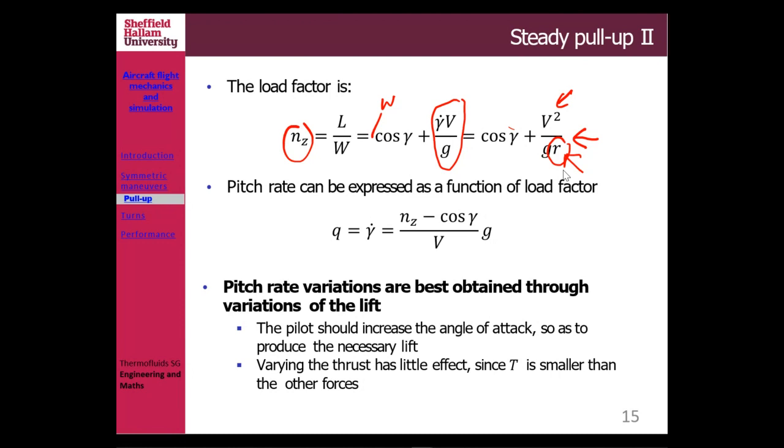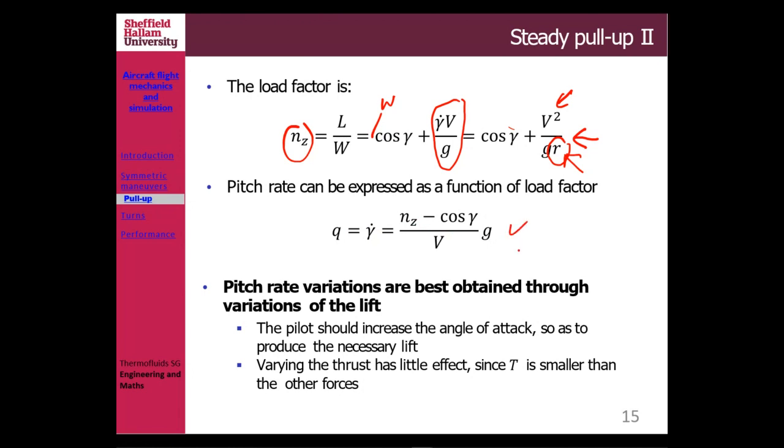Okay, now in terms of pitch rate, remember when you do the pull-up, as I said, instantaneously when you try to change your flight path angle, that is related to the pitch rate, how much pitch rate you want your aircraft to sustain. Then that pitch rate, obviously from the second equation, where Q equals gamma dot, could be expressed in this equation.